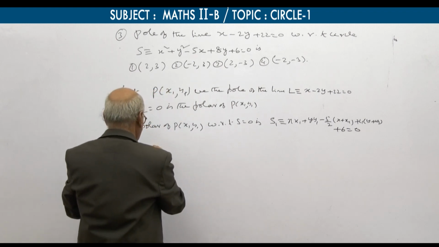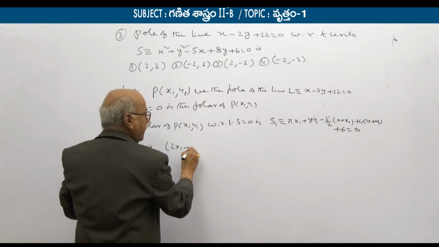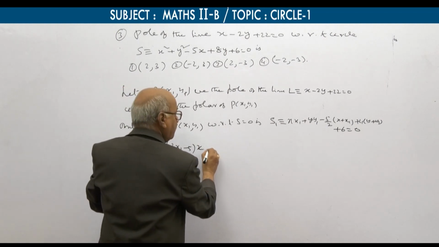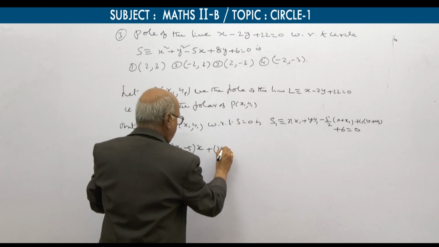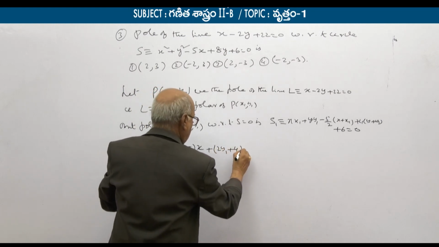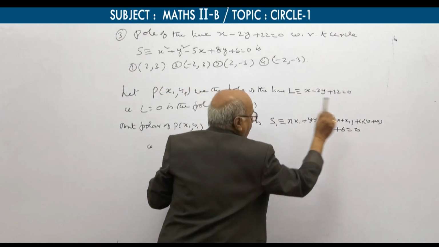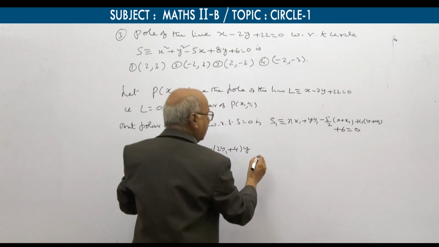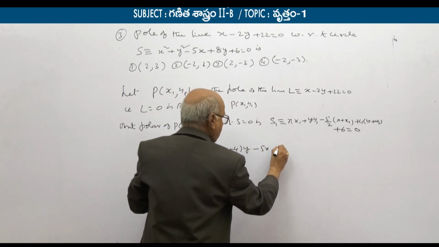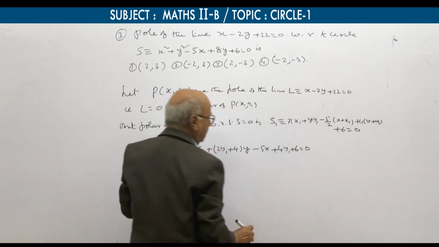Or that is, (2x1 minus 5) into x plus (2y1 plus 4) into y, and minus 5x1 plus 4y1 plus 6 equal to 0.